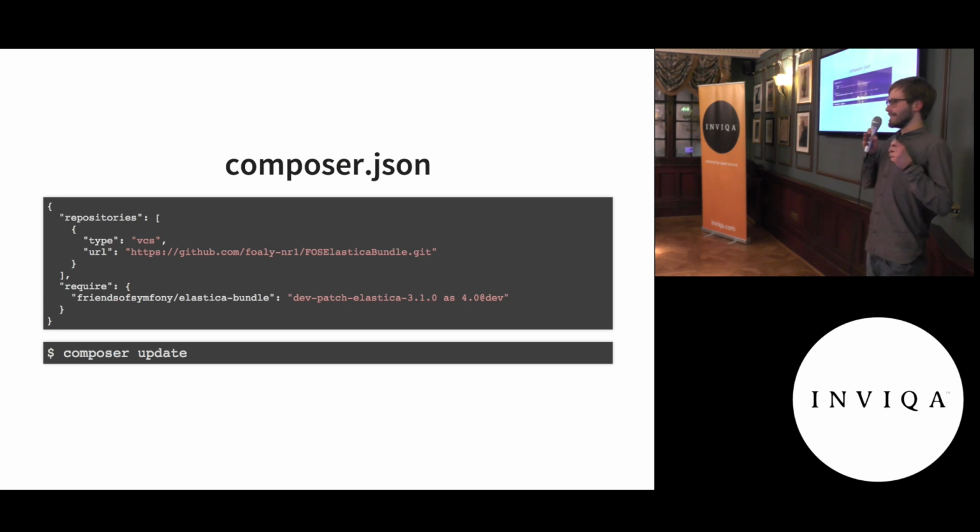The way we do it is with a bit of a hacky composer.json hack. What I did is I just forked the official repository, changed their composer.json, used it as a fix in my project's composer.json, and there we go, we're all happy. We just need to make sure that we're not actually using anything that doesn't work yet.